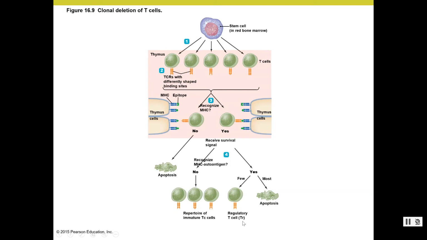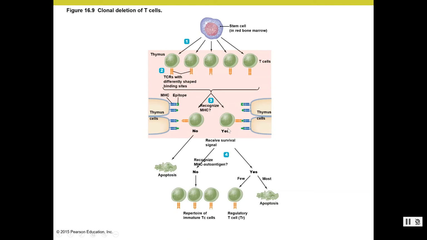For some reason, these regulatory T cells help train our body, and they help prevent autoimmune diseases. When our body doesn't make these regulatory T cells correctly, we're more susceptible to autoimmune diseases like lupus and others. That's kind of interesting. We don't exactly know how that works, but we do know that a few of these, even though they recognize autoantigens, are kept, and they become our regulatory T cells.